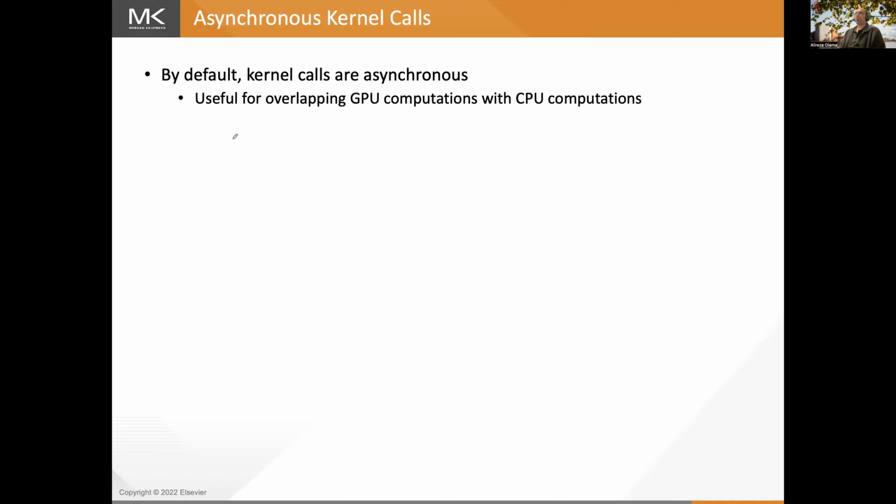So something important about these kernel executions is that by default they are asynchronous. So it means the CPU portion of your code does not wait for the GPU to finish the computation. In this case, you can have overlapping computations between the CPU and the GPU.